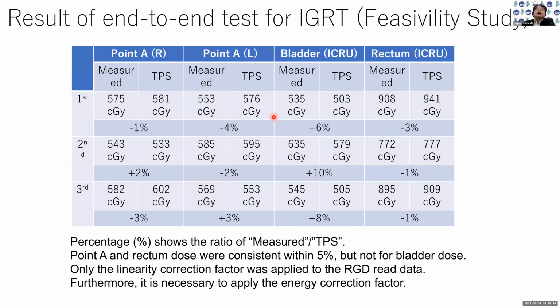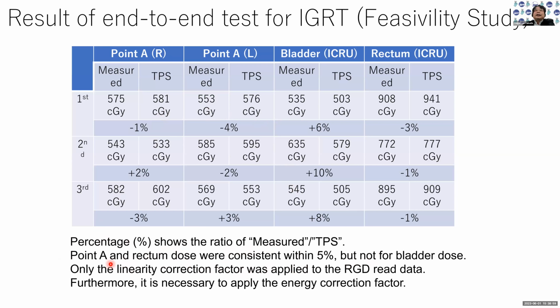So this shows the other result. The TPS percentage shows the ratio of the difference between measured and TPS. The point A and rectum doses are consistent within 5%, but not the bladder dose. The partial reason is that we applied only the linearity correction factor to the RGD data.